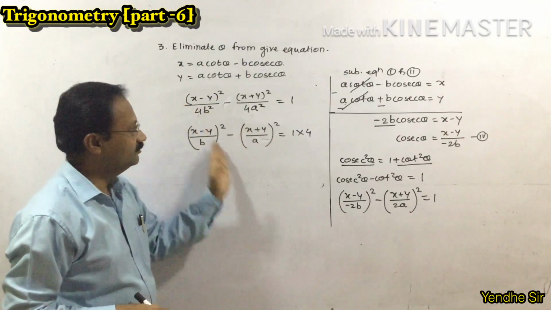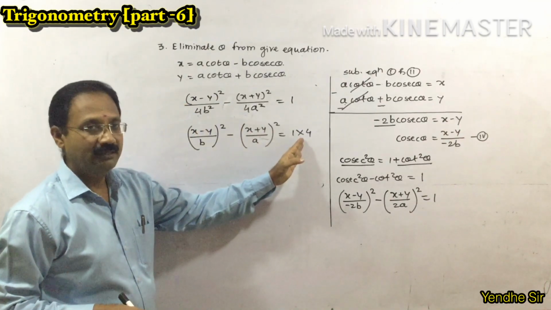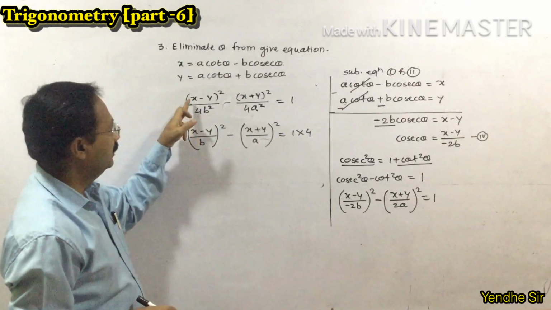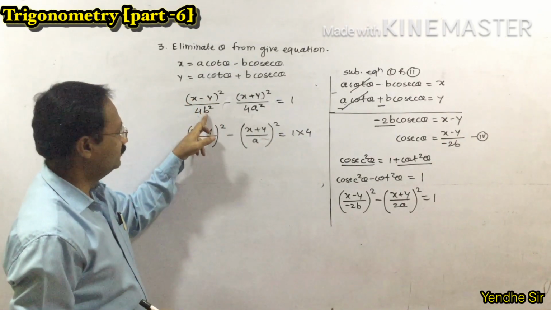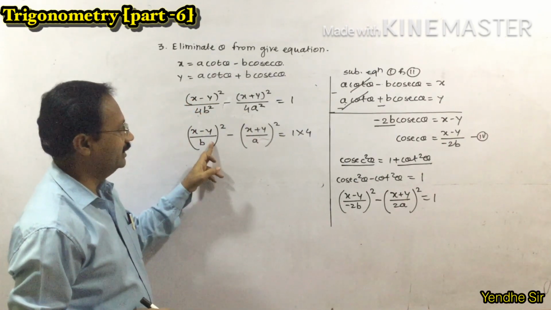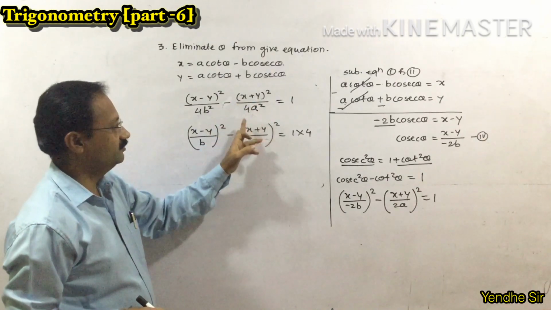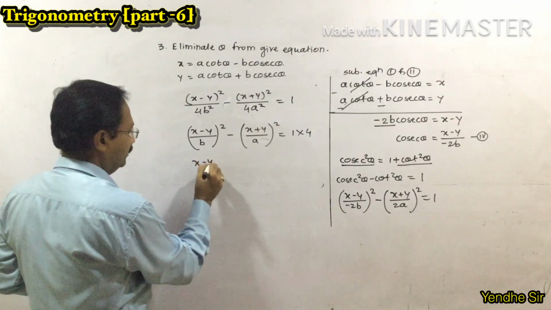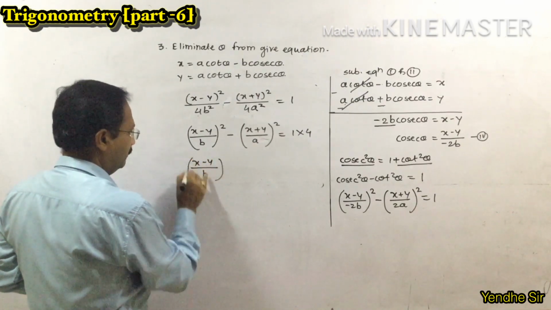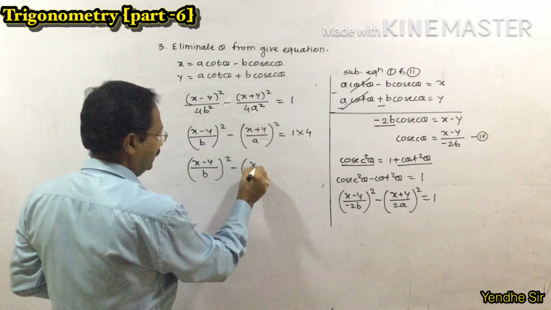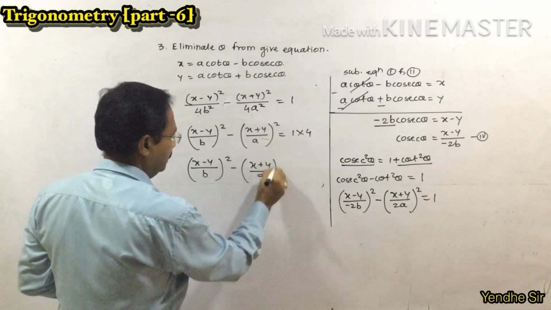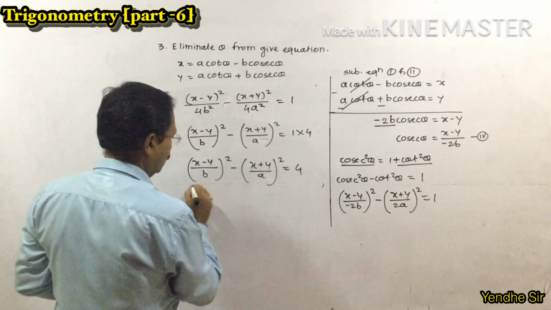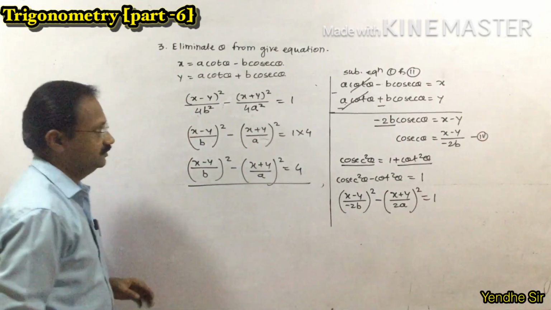It is divided here, so it will go on that side, it will be multiplied. So what will remain? x minus y upon b square. I have written in one bracket x plus y upon a square, I have written in another bracket. So our answer will be x minus y upon b bracket square minus x plus y upon a bracket square equals 4. This is our answer.